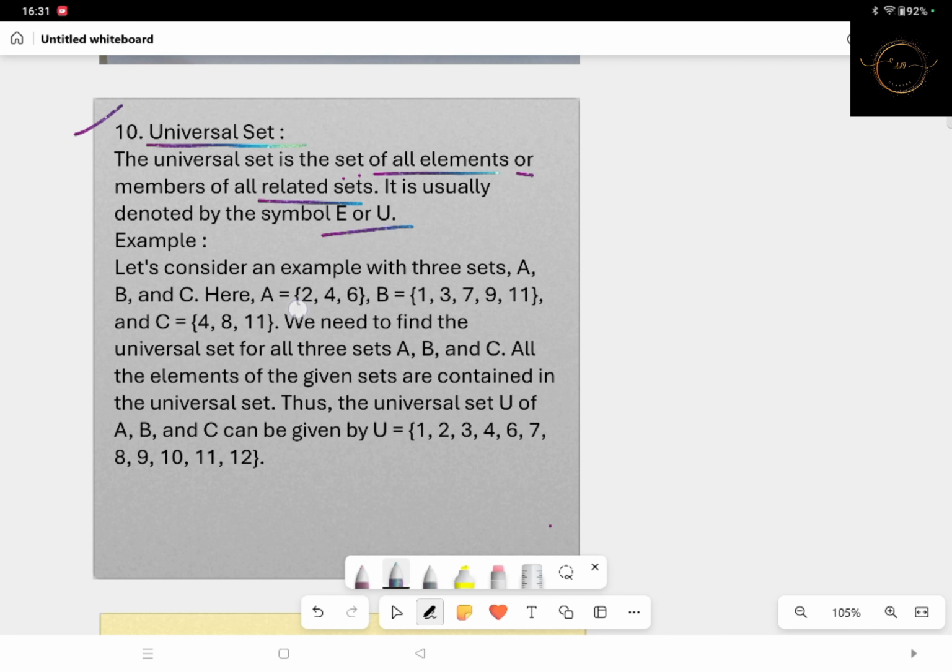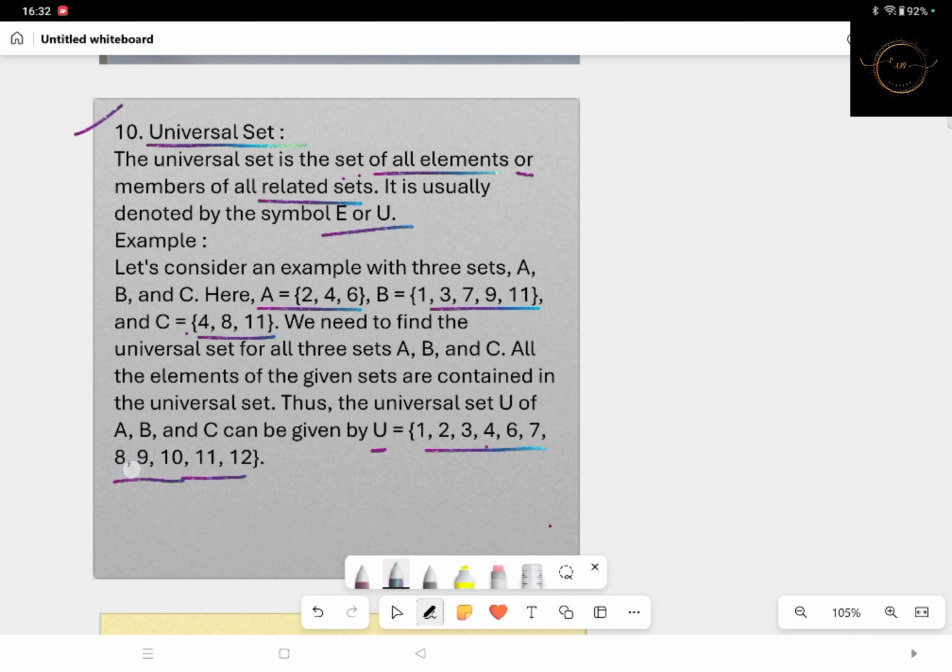Here I have taken 3 sets: A = {2, 4, 6}, B = {1, 3, 7, 9, 11} and C = {4, 8, 11}. Now what is the universal set of these 3 sets A, B, C? The universal set will be such a set which will contain all these elements. If I take the universal set U as 1, 2, 3, 4, 5, 6, 7, 8, 9, 10, 11, 12, look, A is contained in this universal set, B is contained in this universal set, and C is also contained.